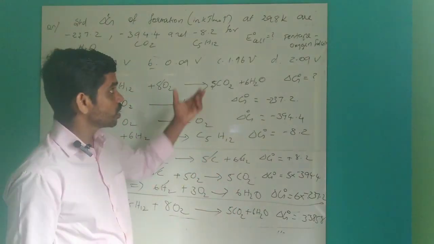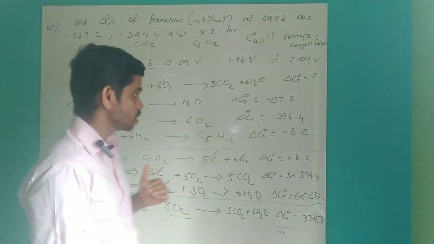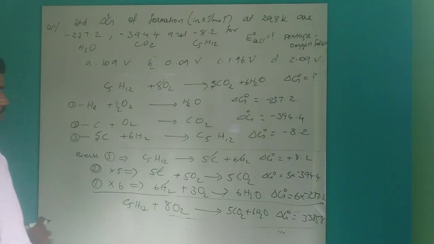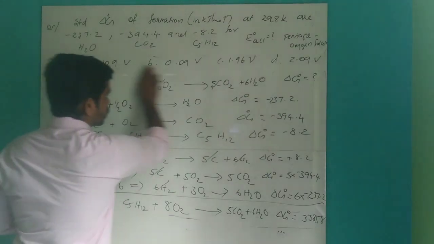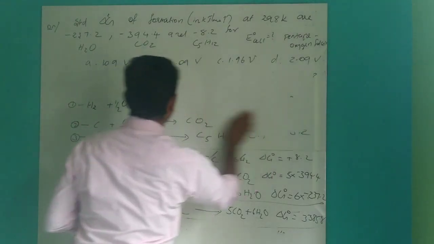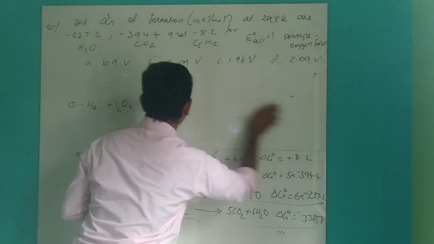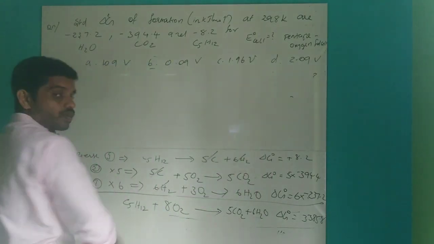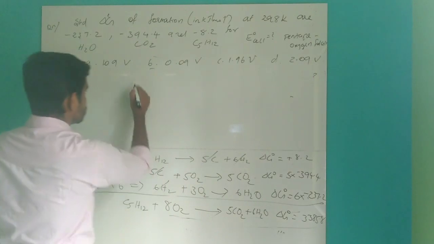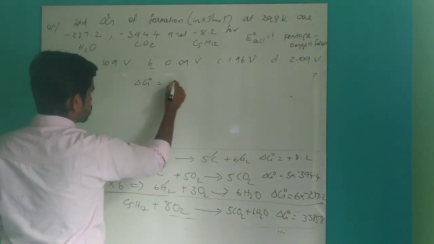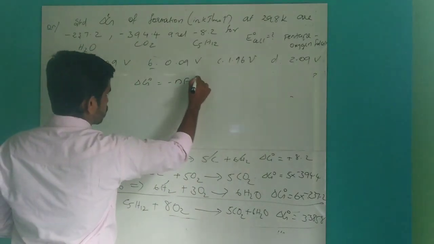Now you have to find out the E0 cell. What is our equation? Delta G0 is equal to minus NF E0 cell.